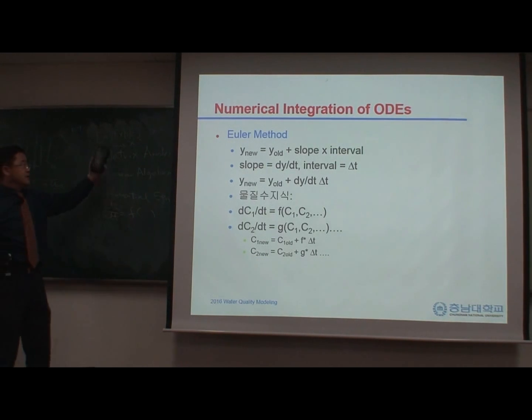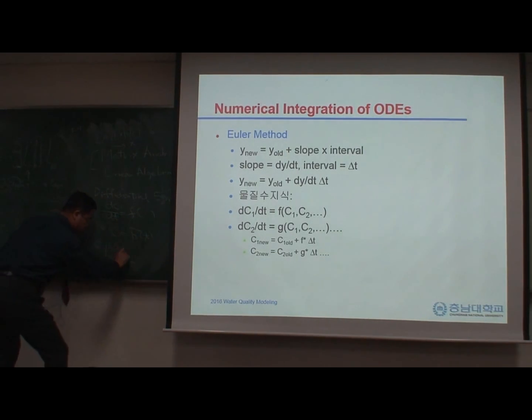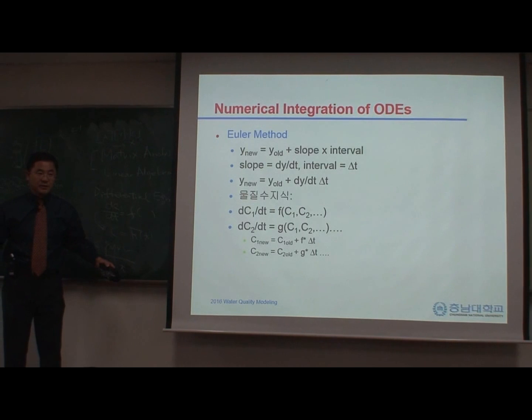I can use this method. In here, I want to solve this one, a function of t, and then I want to know what C is. If I can solve this with my hand, I don't need numerical methods or a computer.